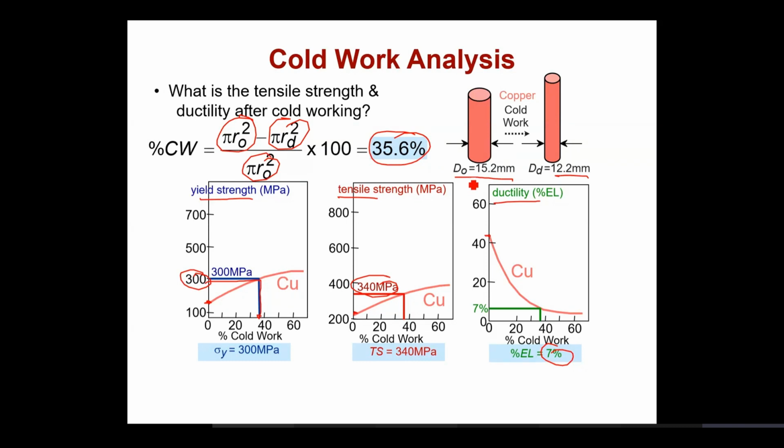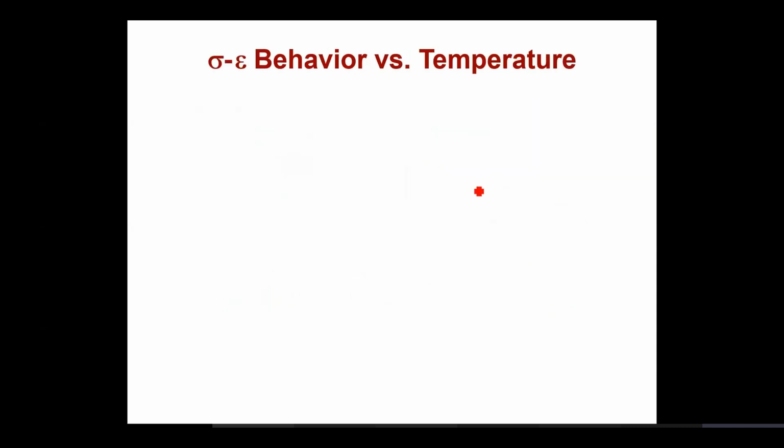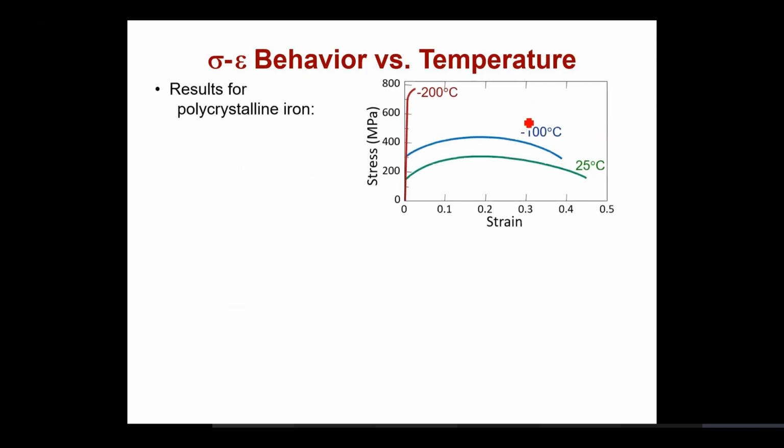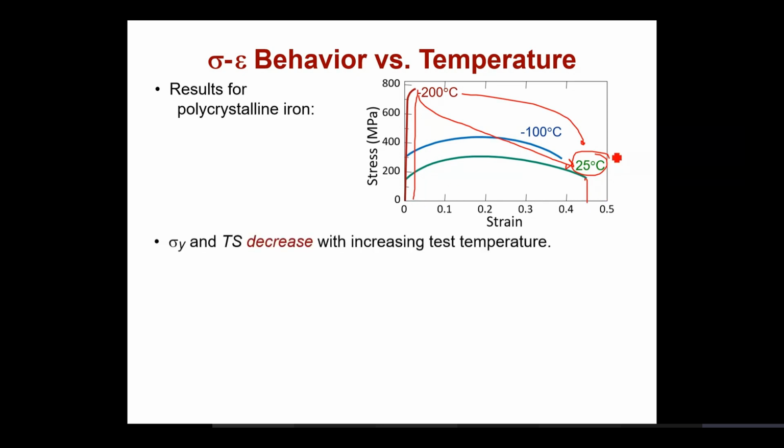Now the last thing that we have to look into is the effect of temperature. It says that as you increase the temperature, the ductility of the sample is increasing from minus 200 to 25 degrees centigrade. The ductility of the sample has increased tremendously, and the yield strength and tensile strength decrease with increasing test temperature.